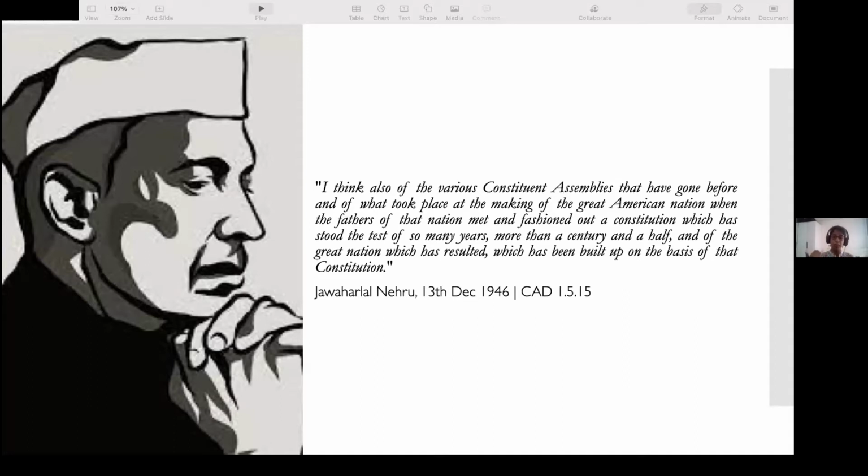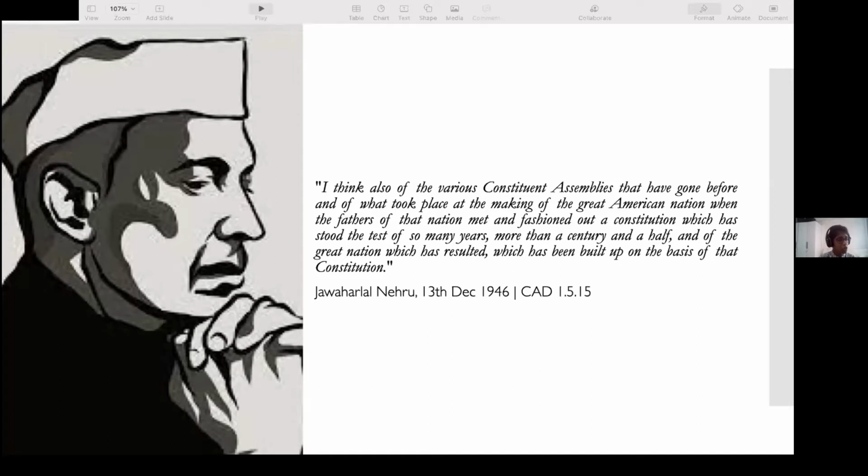He actually went back to the constitutional founding moment in US and says, I think also of the various constituent assemblies that have gone before and of what took place at the making of the great American nation, when the fathers of that nation met and fashioned out a constitution which has stood the test of so many years, more than a century and a half, and of the great nation which has resulted, which has been built up on the basis of that constitution.